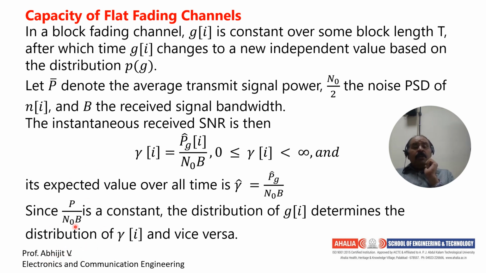So this is a constant. The distribution of g of i determines the distribution of signal to noise ratio and vice versa.